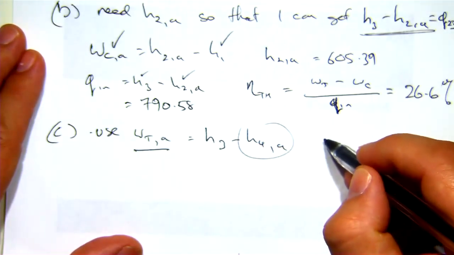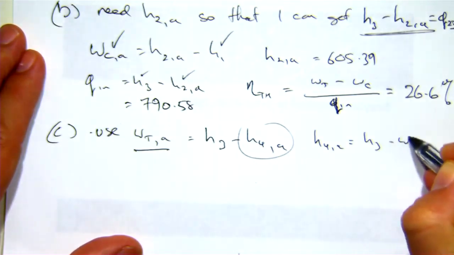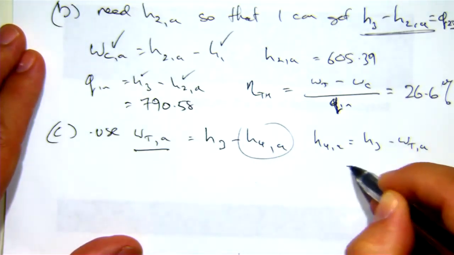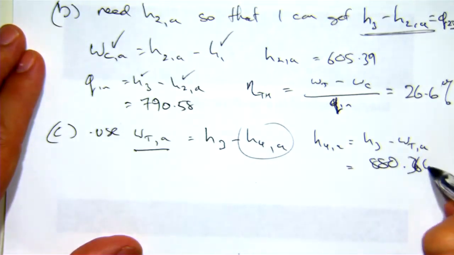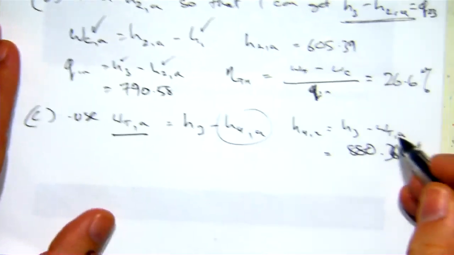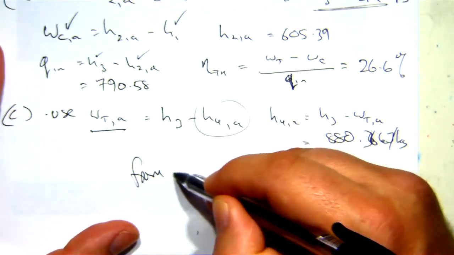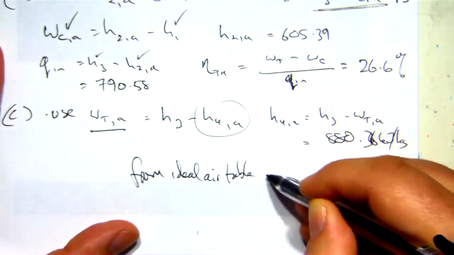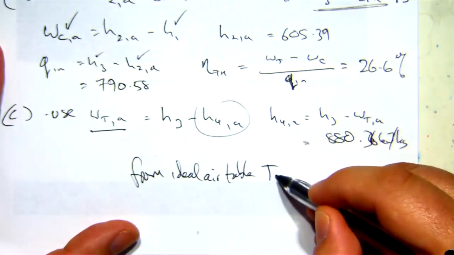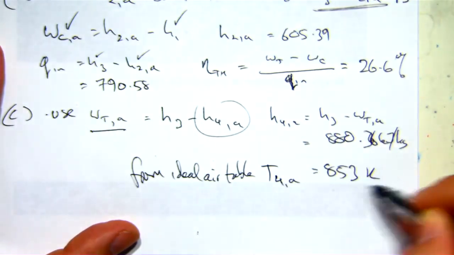So rearrange that, and I'll have H4A equals H3 minus the turbine work equals 880.36 kilojoules per kilogram. And with this, I could look up from the ideal air table T4A equals 853 Kelvin. Done.